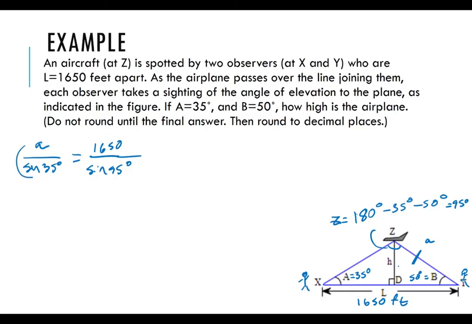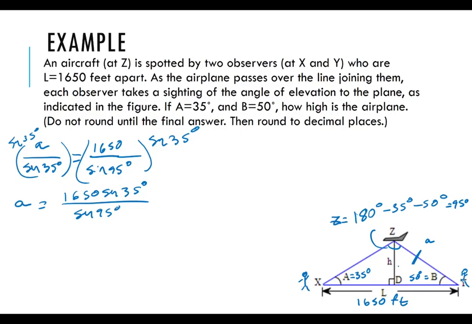Okay, solve for A, multiply both sides by sine of 35 degrees. And so then I get that A is specifically 1,650 times sine of 35 degrees, all divided by sine of 95 degrees.